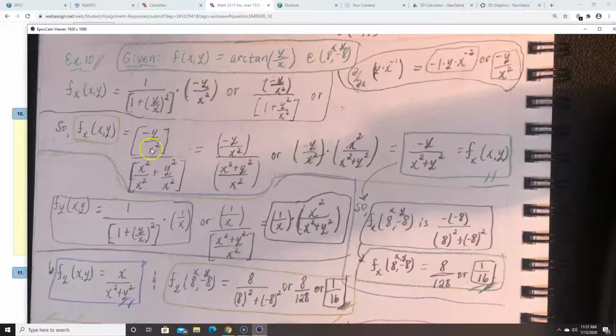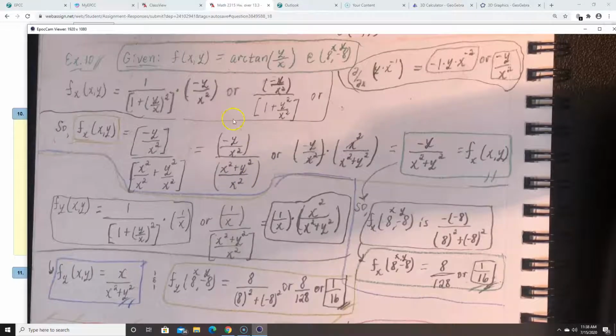So this part's the same as up here. Y squared over x squared is the same, but change 1 to x squared over x squared so that we have a common denominator. Now you can put these together with a single fraction bar and a single denominator and combine the numerators. You get x squared plus y squared over x squared. And up here you still have this fraction, negative y over x squared. Now we have a fraction divided by a fraction.